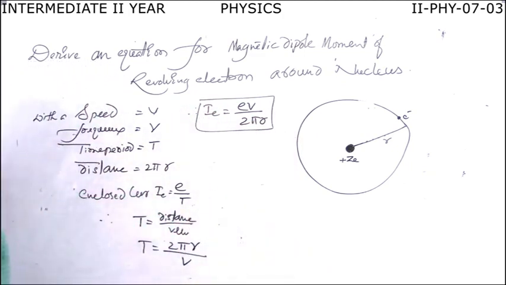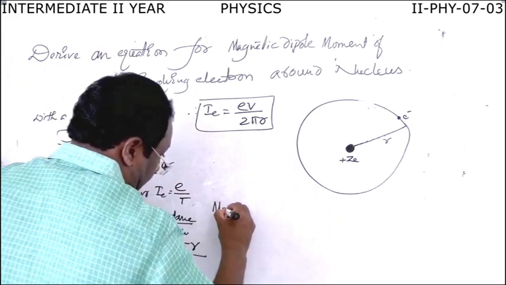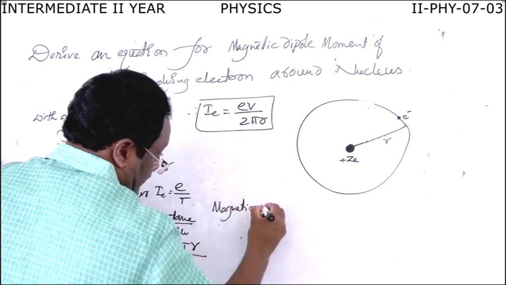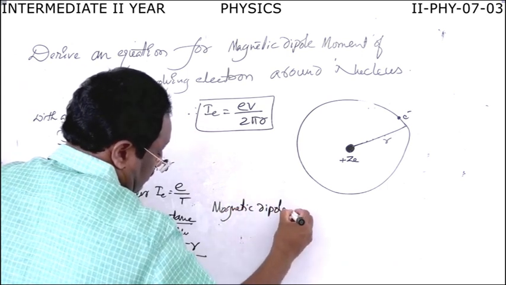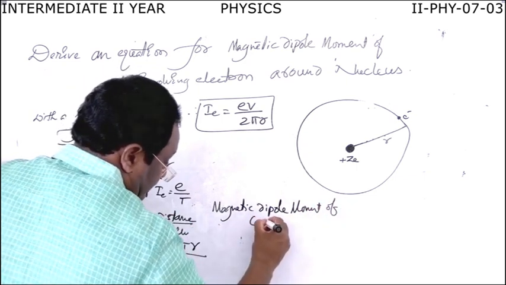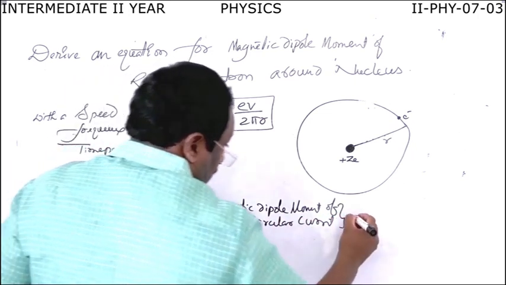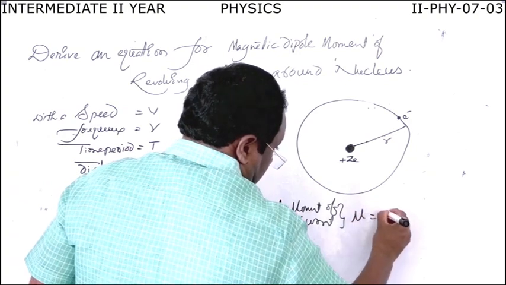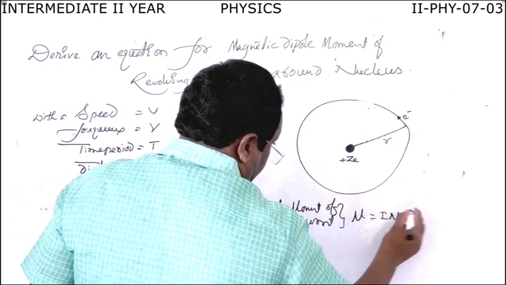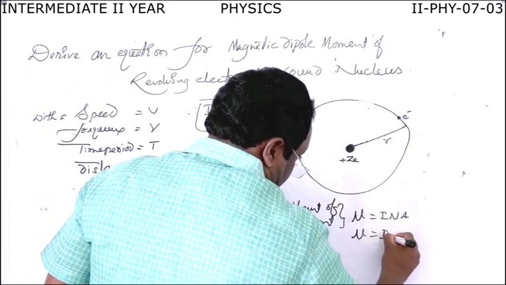But the magnetic dipole moment of a revolving circular current was already derived in the case of a coil. The dipole moment of circular current is mu equal to INA. But here there is only one term, therefore we can take IA.